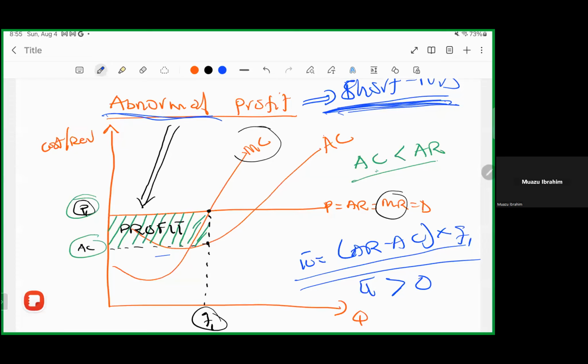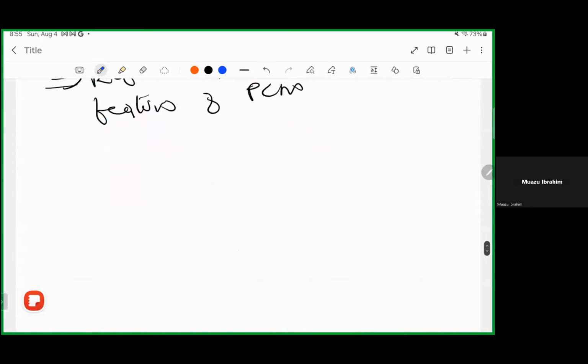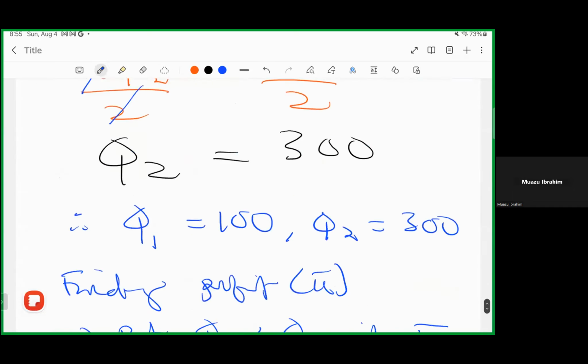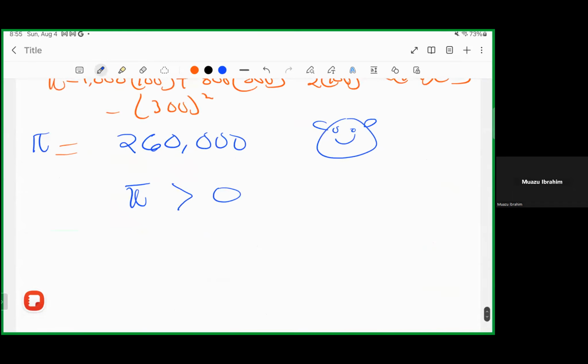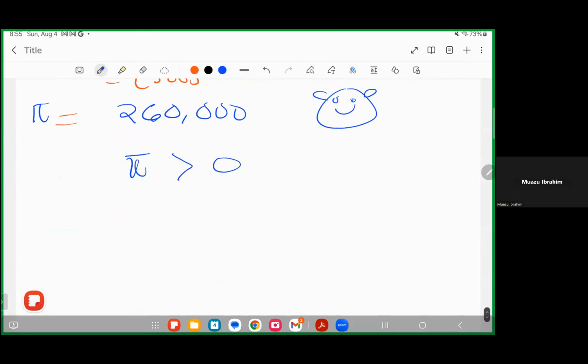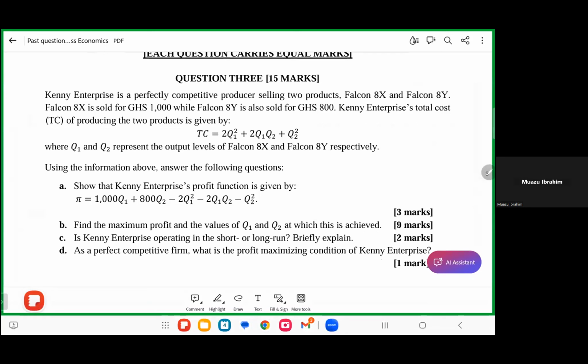They only make abnormal profit in the short run. So from the question, you should be able to know when they make abnormal profits. Here they are operating in the short run, because they are making abnormal profit of 260,000.